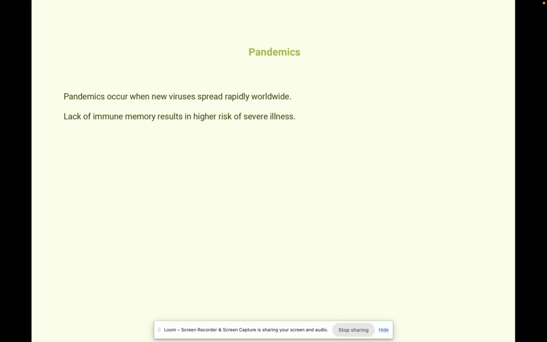So that's why they have a higher risk of severe illness. Before the vaccine came out, a lot of the elderly clients that we have actually battled COVID, and unfortunately, a lot of them also passed away. Right, so that's why a pandemic is a worldwide crisis.